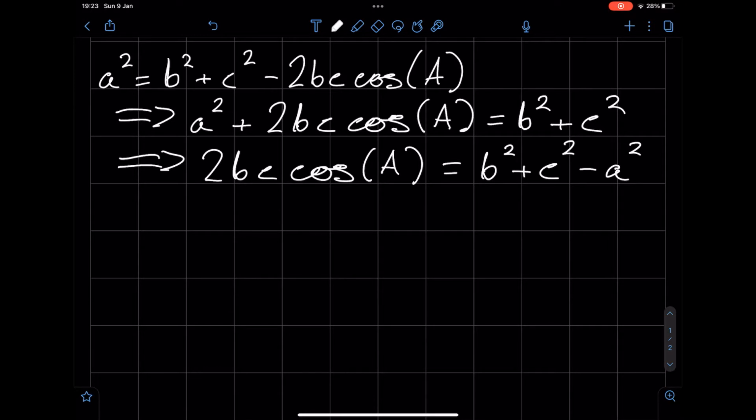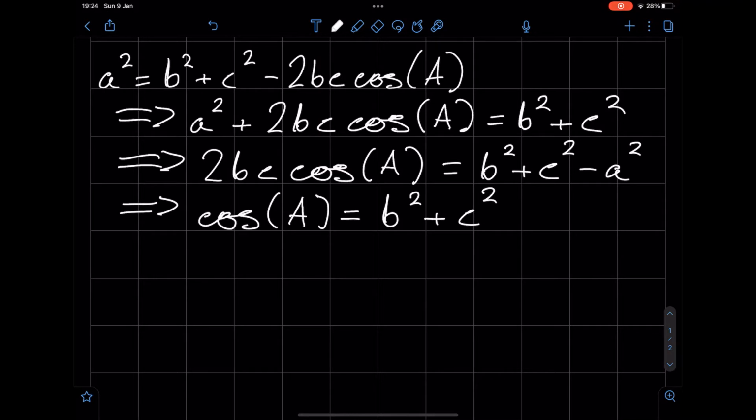We're nearly done now, there's only two more steps. We divide by 2bc just here to get cosine A on its own. So cosine of A equals b squared plus c squared minus a squared, divided by 2bc. Now, a lot of textbooks just leave it in this form, but if you wanted to work out the angle A rather than cosine of A, then you'd need one more step.